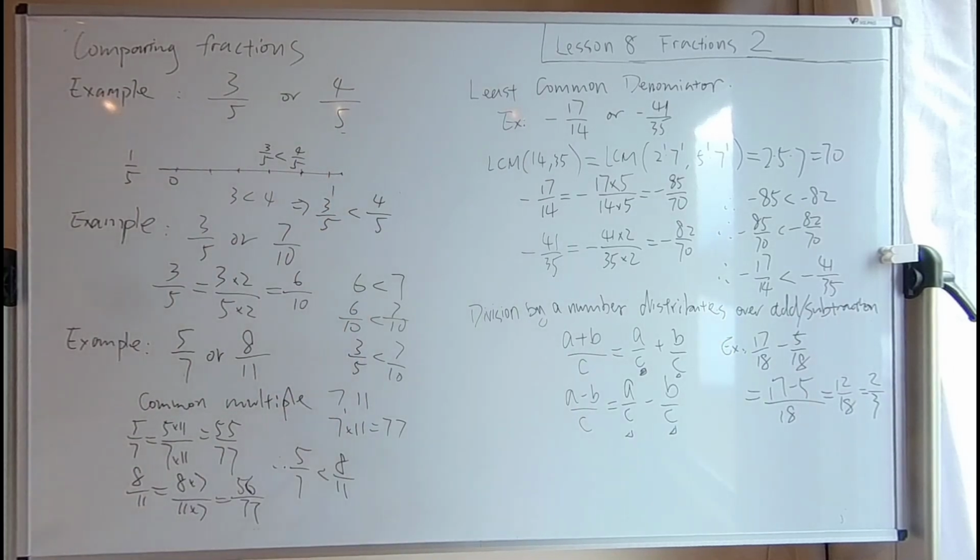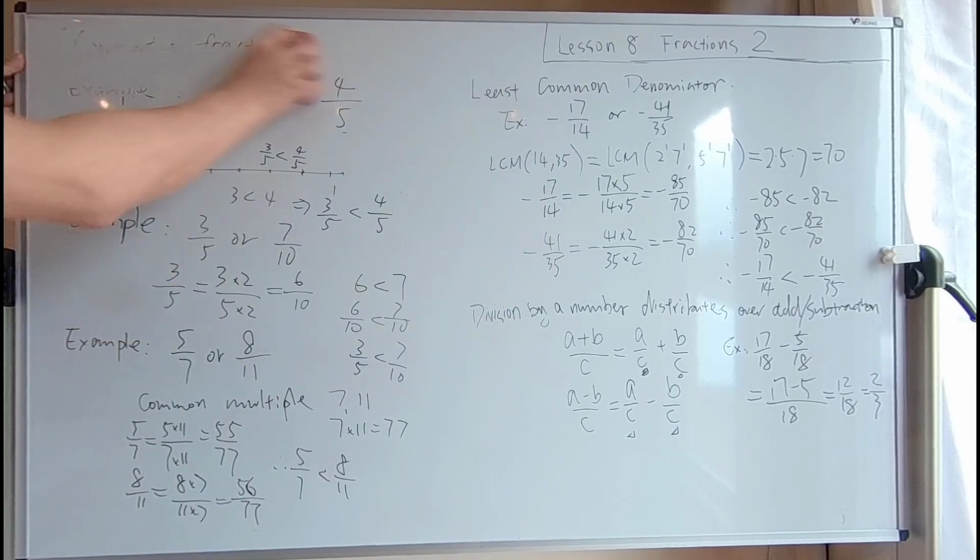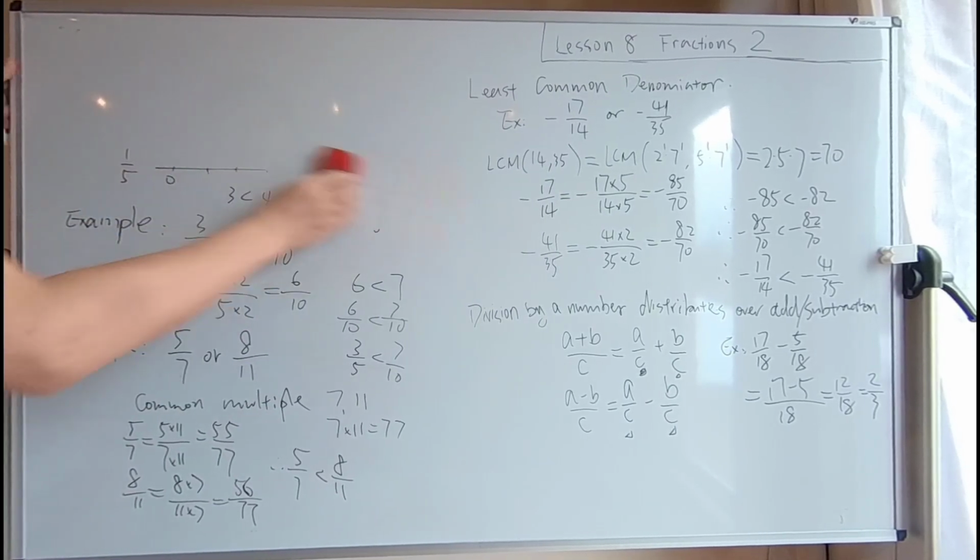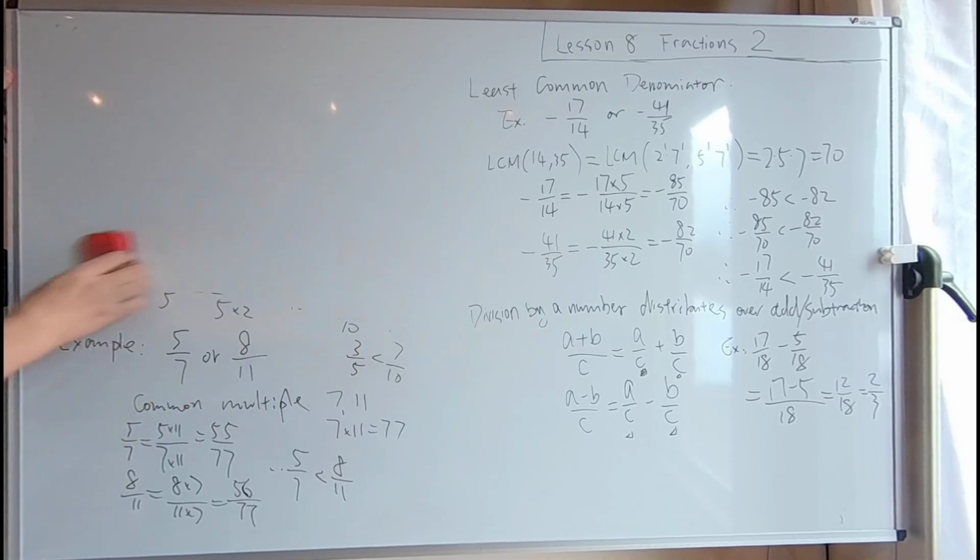And 2 and 3 have no further common factor, so the simplified form of this expression is 2 over 3. Okay, so let's see more examples to further practice.